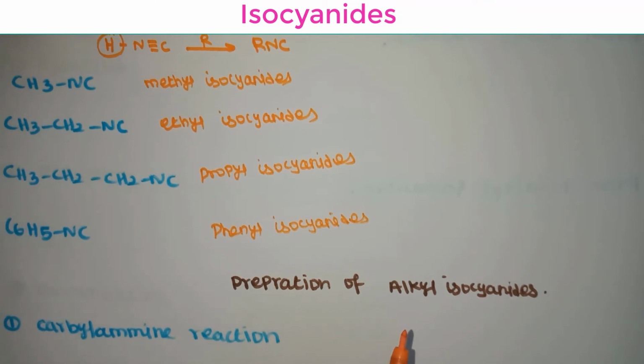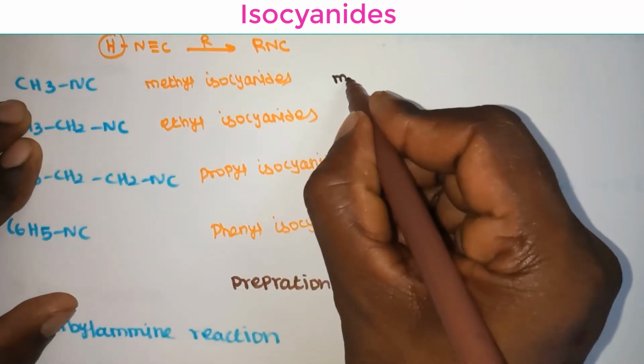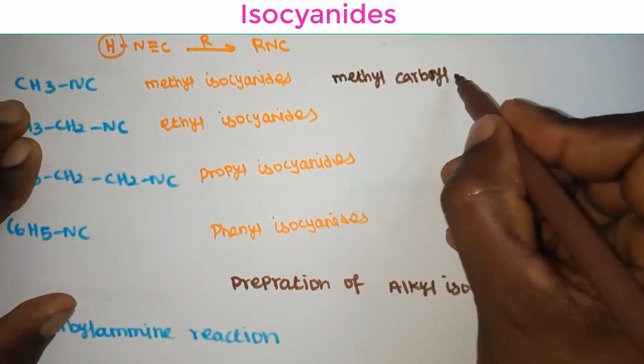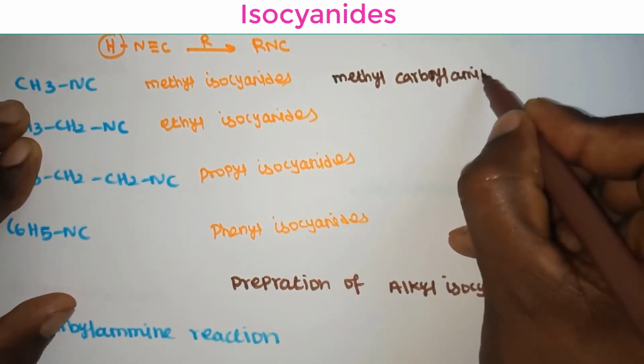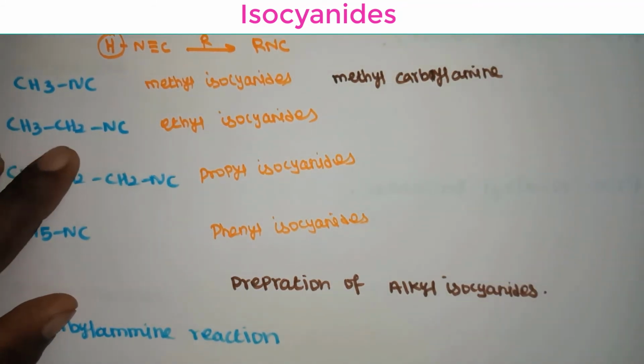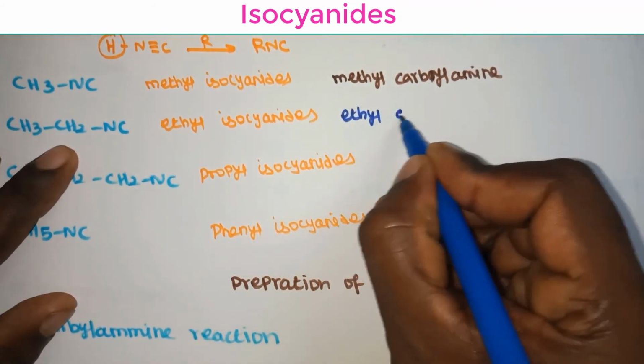The IUPAC name of isocyanide is written as alkyl carbylamine. In CH3NC, CH3 is a methyl group, so methyl carbylamine. Next one, CH3CH2NC. CH3CH2 is ethyl, so ethyl carbylamine.